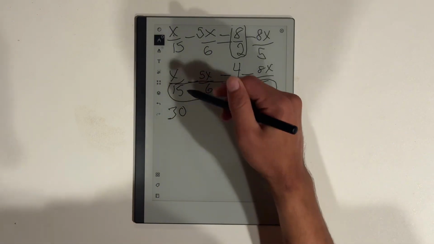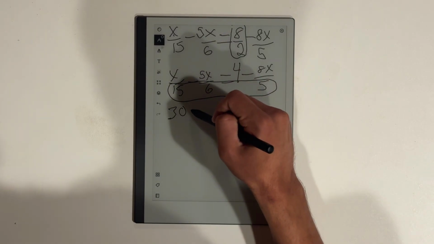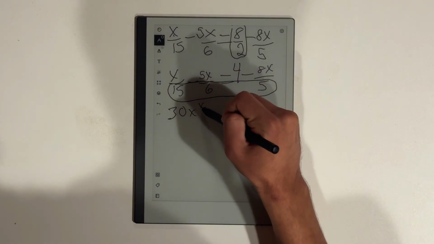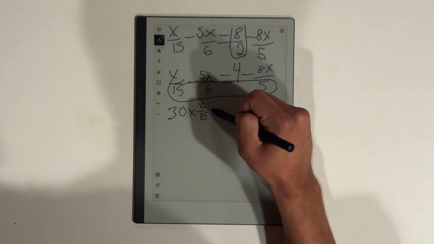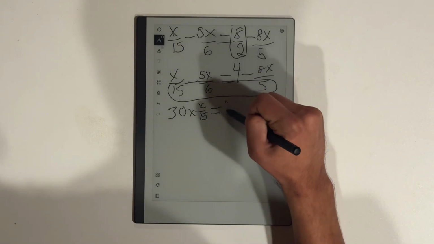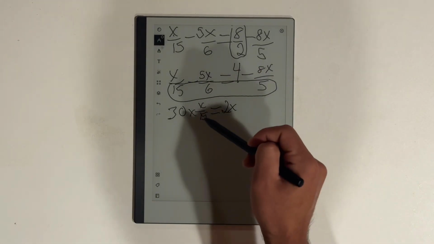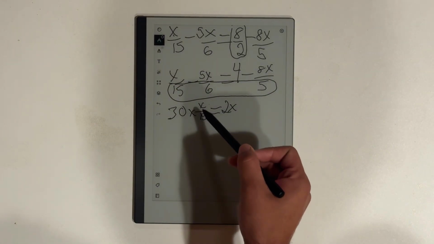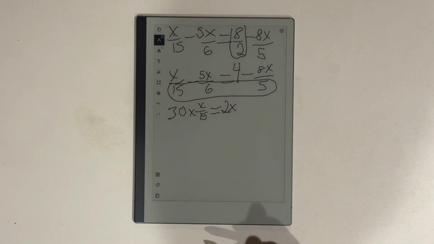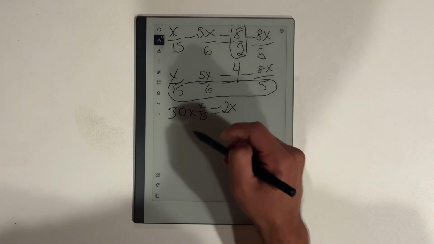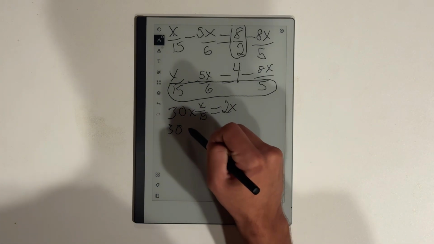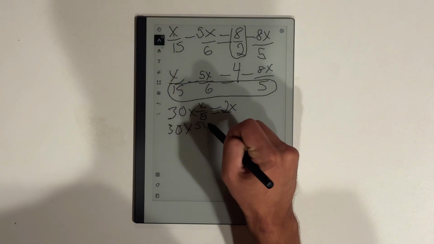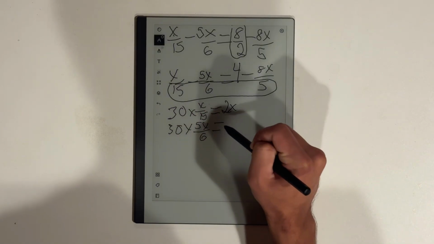So this first one, we're going to do 30 times x over 15. So that is going to equal 2x, because 15 goes into 30 2 times, and we'll have the 2x right there. So the next one we're going to do is 30 times 5x over 6.